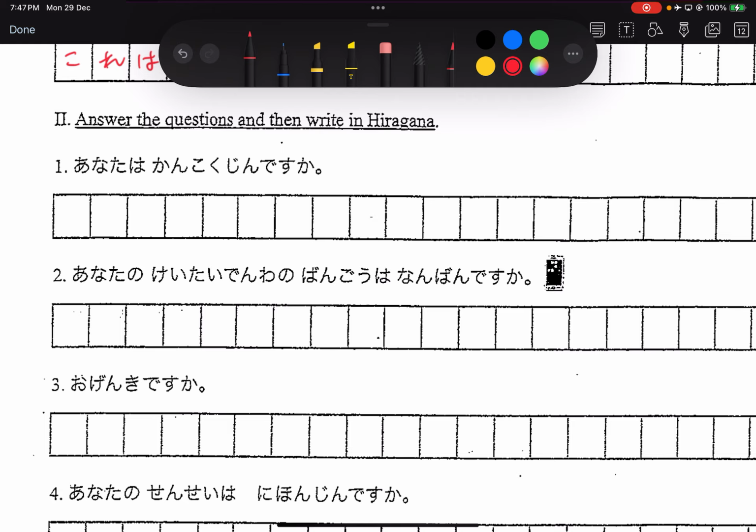So no, I'm not Korean. One more way to answer this question. Are you Korean? No, I am Singaporean. So how to say Singaporean? シンガポール人です. Yes. いいえ、シンガポール人です. Right, that's also okay.